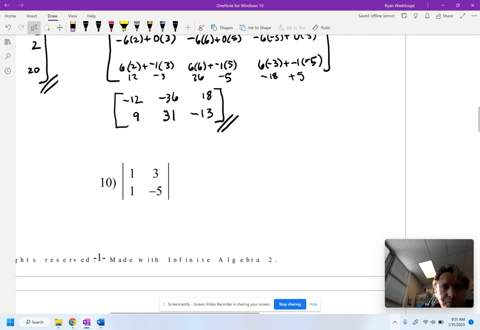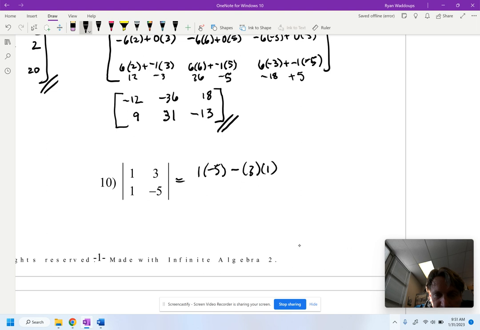Over here, I'm going to do the same thing. 1 times negative 5 minus 3 times 1. 1 times negative 5 is negative 5. Minus 3 times 1 is 3. Negative 5 minus 3 is negative 8. So that's the determinant for number 10.